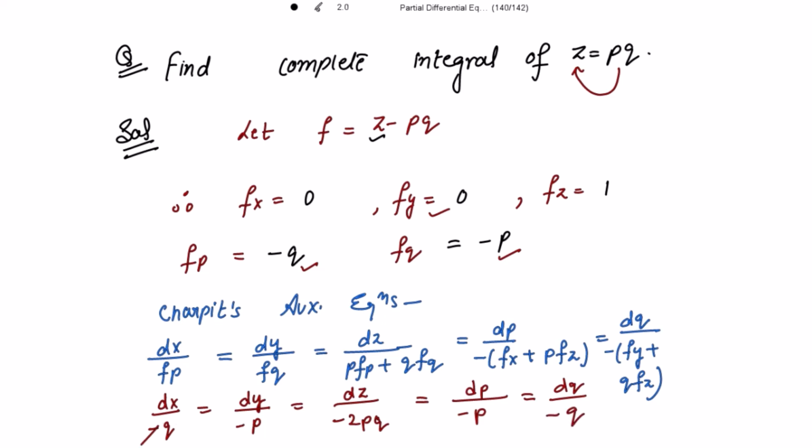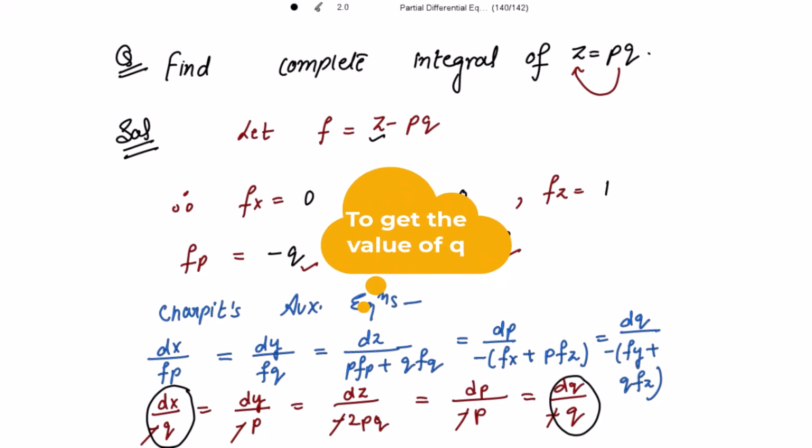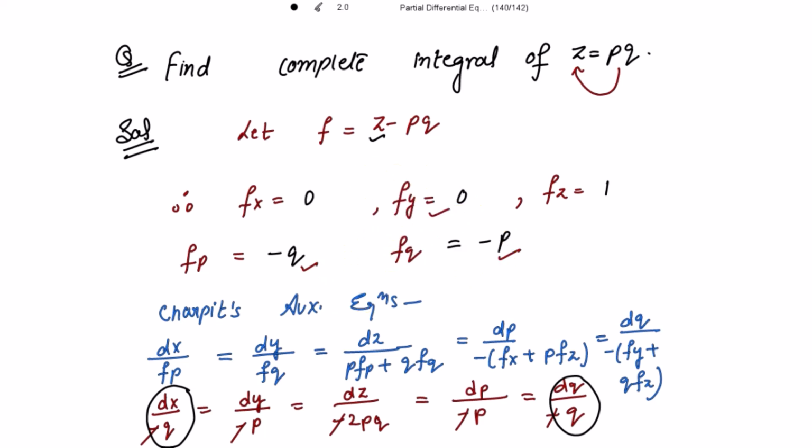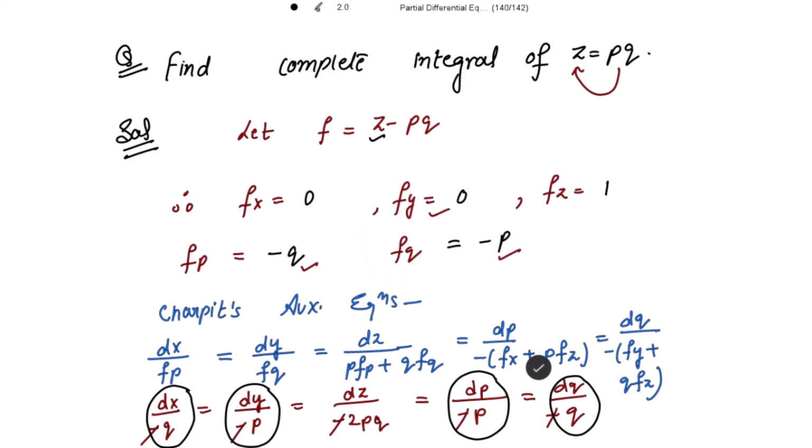We can take away all the negative signs because all these ratios are equal. Now choose any two ratios to get the values of p and q. Let me choose dx divided by q and dq divided by q. I have the same denominators q over here, right? Similarly, we can also choose dy divided by p and dp divided by p, with the same denominators p and p.